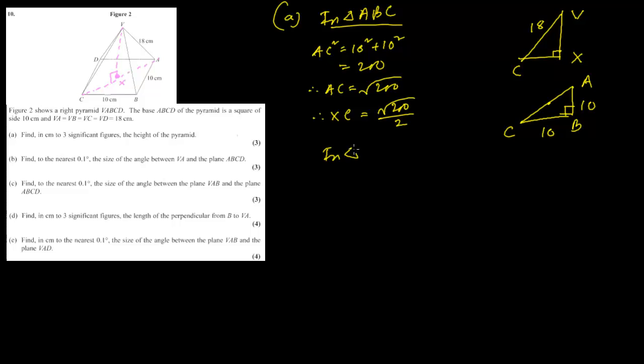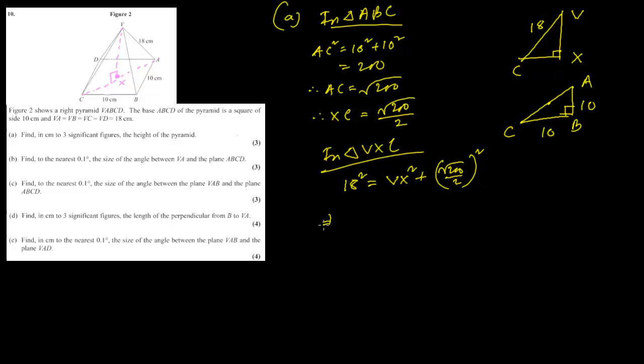So in triangle VXC, I'm leaving it this way so that there is no rounding error, otherwise we have to take some more decimal places. So the hypotenuse is 18 squared. The height that we have to find is VX whole squared. Thus this CX is going to be square root of 200 by 2, whole squared.